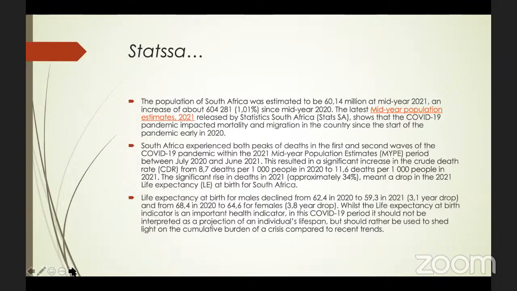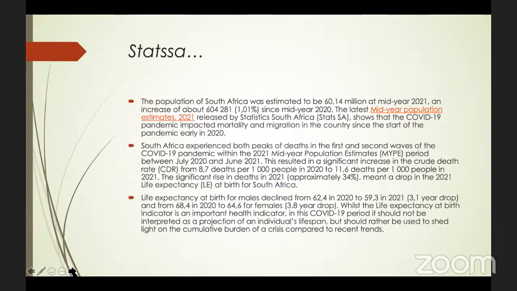Life expectancy at birth for males declined from 62.4 in 2020 to 59.3 in 2021, which was a 3.1 year drop, and from 68.4 in 2020 to 64.6 for females, which was a 3.8 year drop.